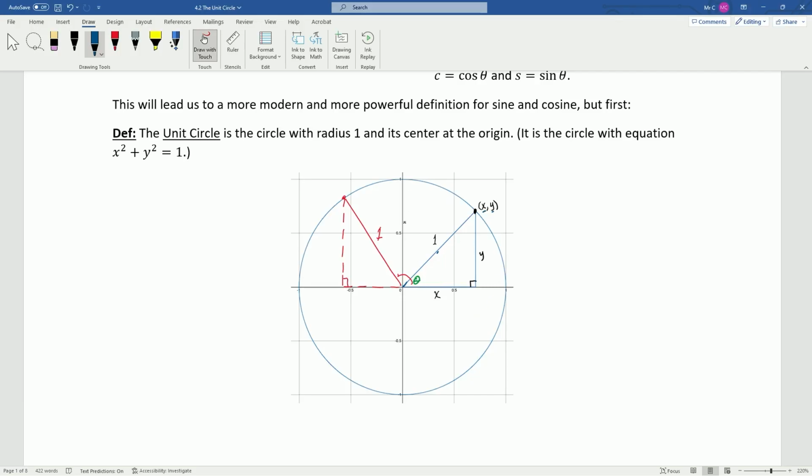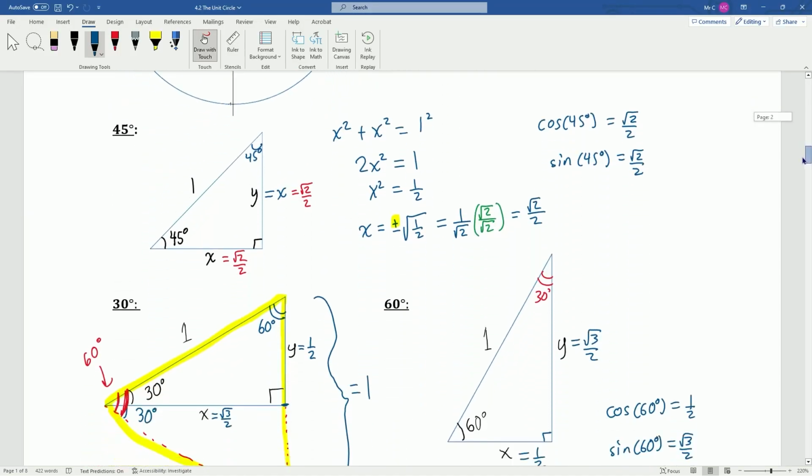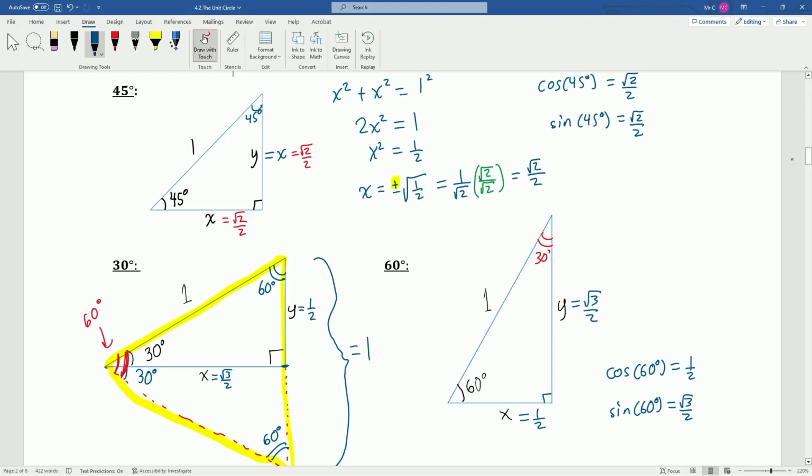You can pick any angle you want, 12 degrees, 12.5 degrees, and so forth. But we only put standard angles on the unit circle that are easy to evaluate geometrically. And that's what we've looked at here. These are just the angles where we can actually figure out what these values are using geometry.